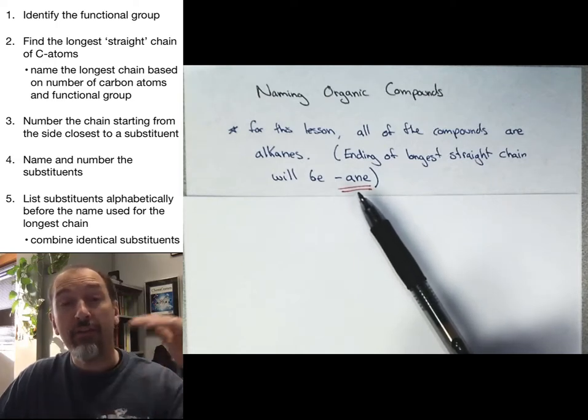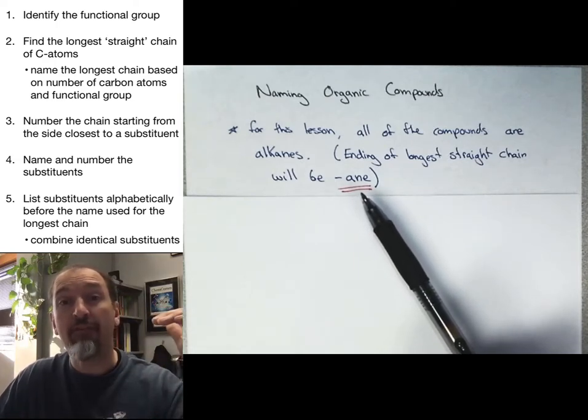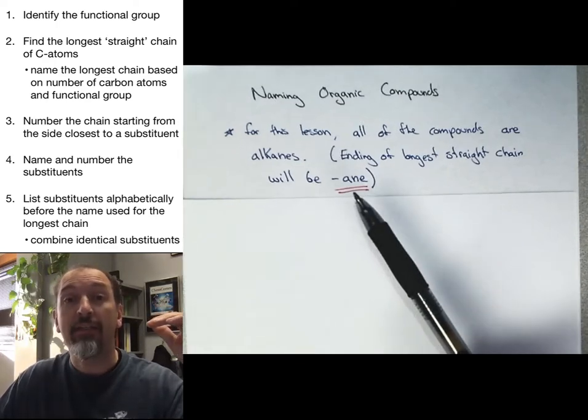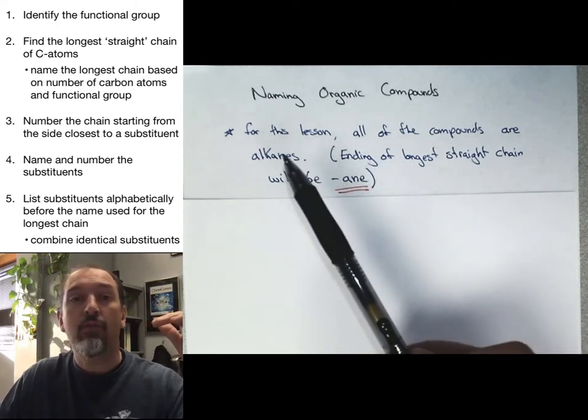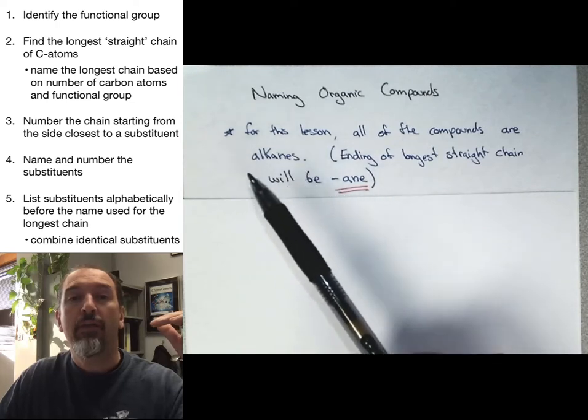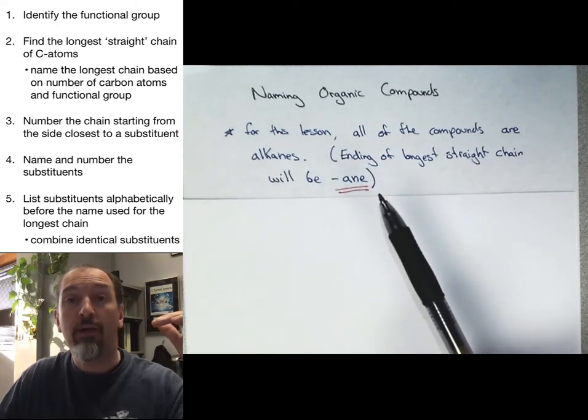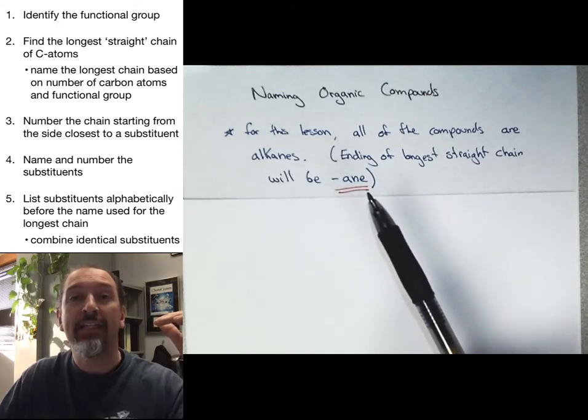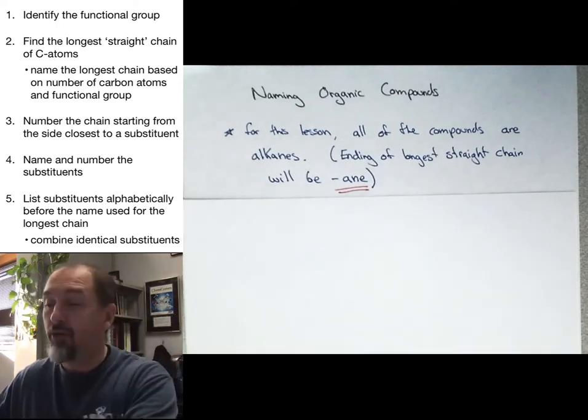You can see step one, we're not going to focus on that very much for this lesson, but step one says to identify the functional group, because that's going to determine the ending. In all of these, we're just telling you right up front, they're all alkanes. That's the functional group. So the ending of the root part of our names will be ANE. That's just something important to remember.